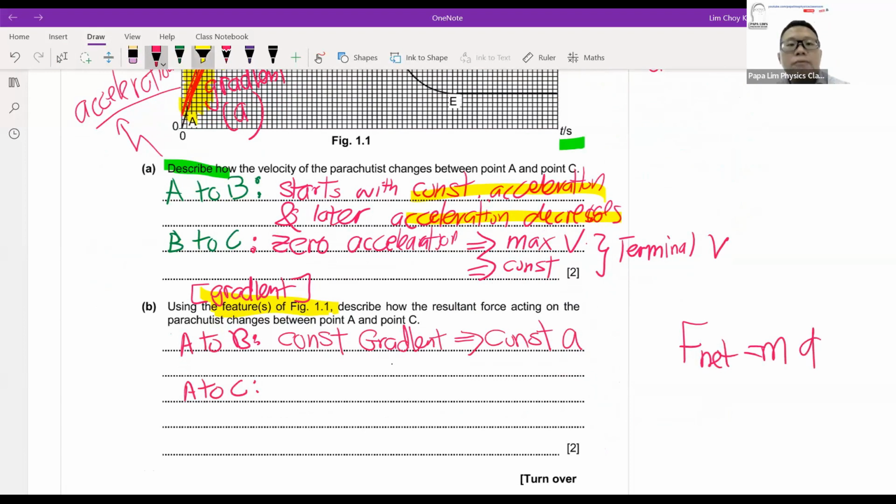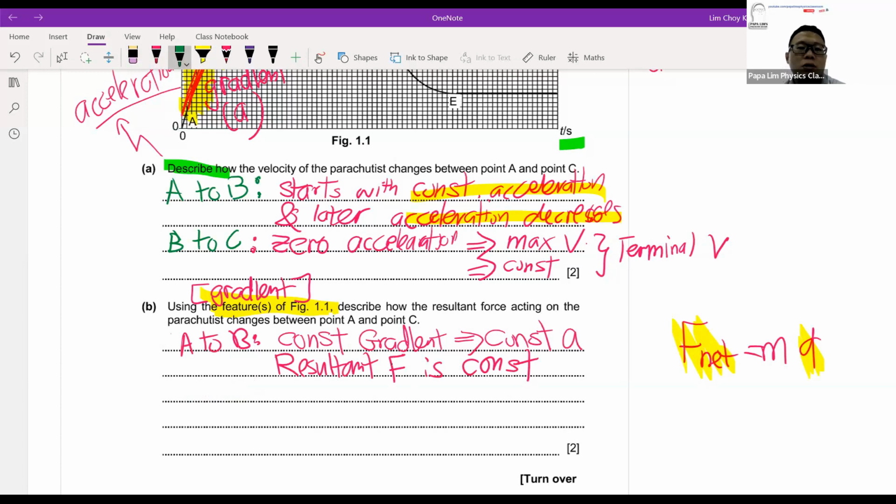When you have a constant acceleration, given that mass remains the same, the resultant force acting on the parachutist will be constant. That's the first piece of information about the resultant force at the first portion of AB.